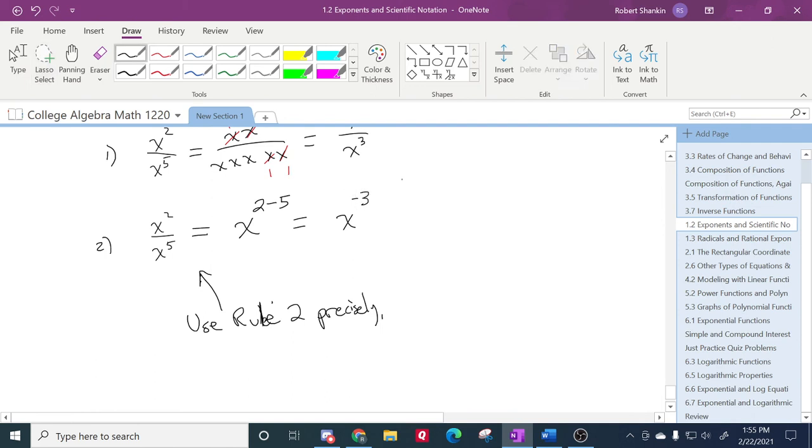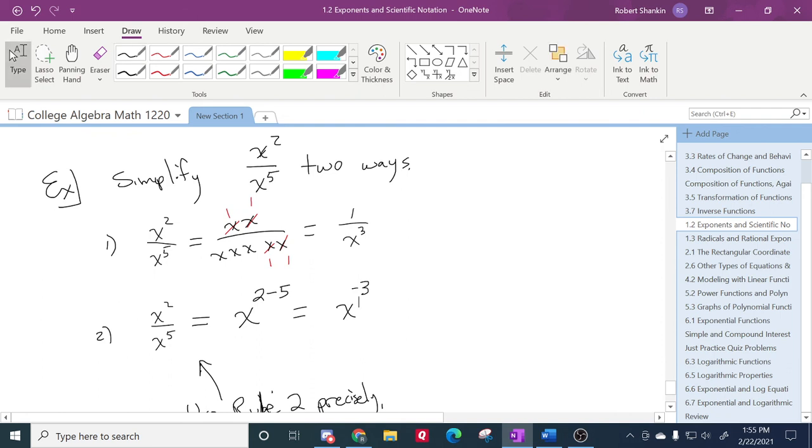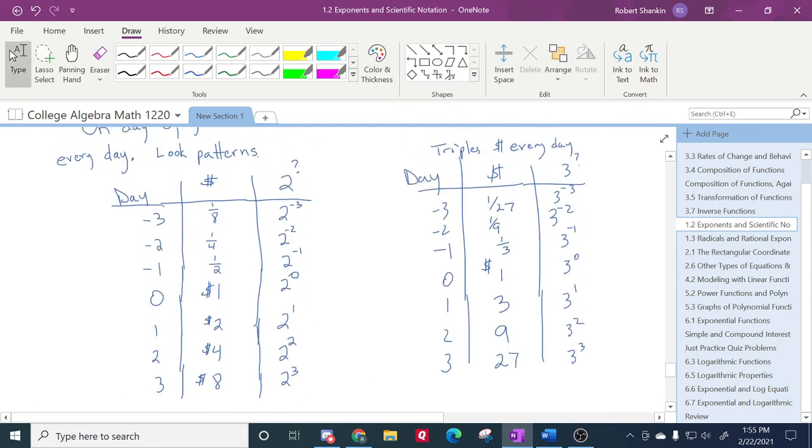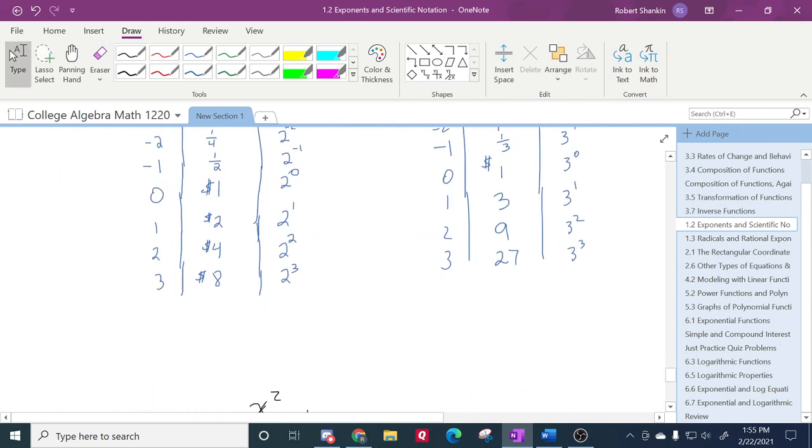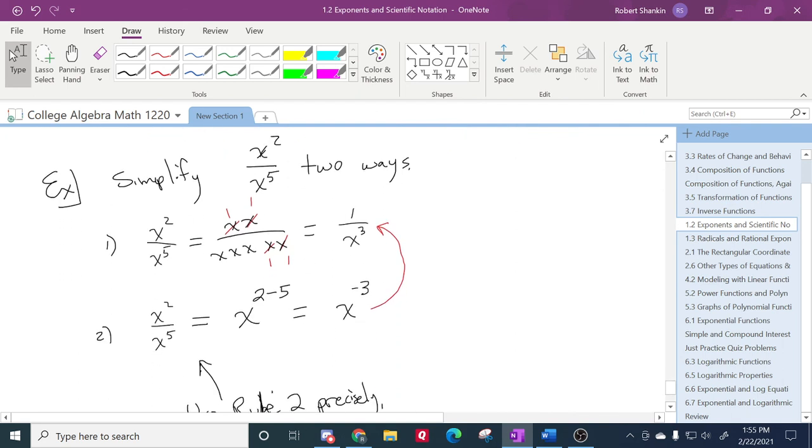Now look, we did it 2 different ways and we got 2 different answers. But doesn't this just prove the point that a negative exponent is this? That's what a negative exponent is. That's rule 5. Negative exponent, move it to the bottom and change the exponent to be positive. Move this one down to here and make it positive, and you get that.